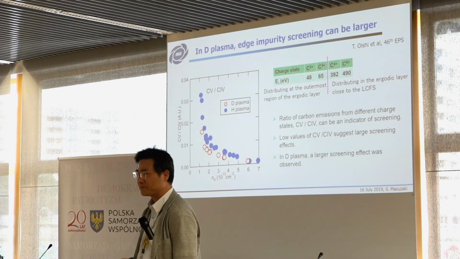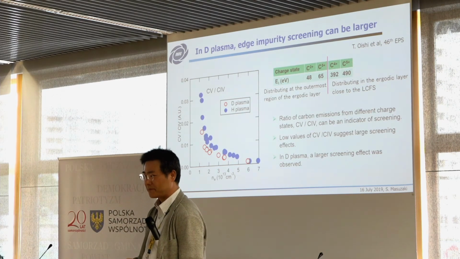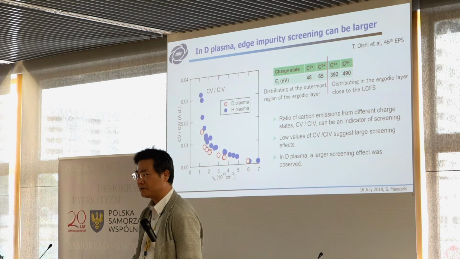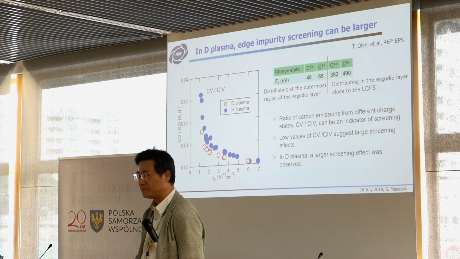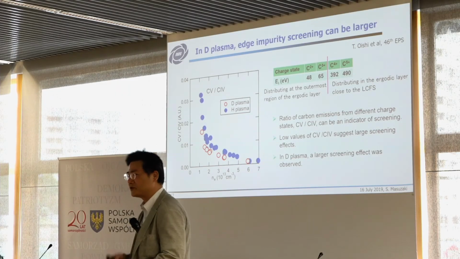Okay, so may I have one more question? If you observe that you have a higher intensity of the carbons, this of course should influence your onset of detachment. You probably should get easier into detachment, but it's also more difficult to control because you can go into the radiation collapse. So what's your experience here? Yes, that is a very natural consideration.